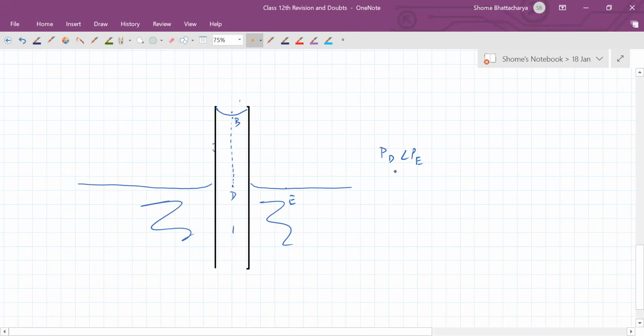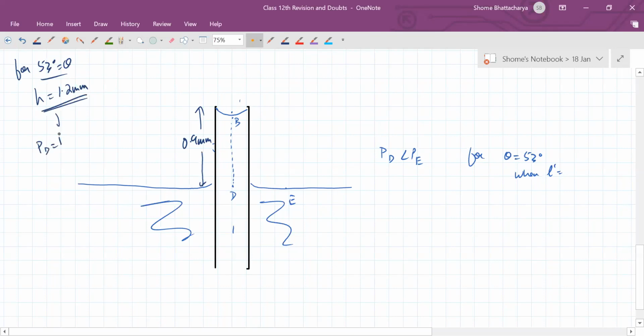The pressure at the point D is still less than pressure at the point E for the contact angle equal to 53 degrees when the length has become equal to 0.9 mm. Because we saw that for 53 degrees contact angle, the height was equal to 1.2 mm. Only in that condition was the pressure at the point D equal to pressure at the point E, which was atmospheric pressure. So for this, it cannot happen.